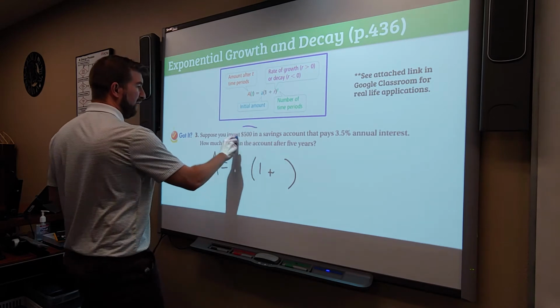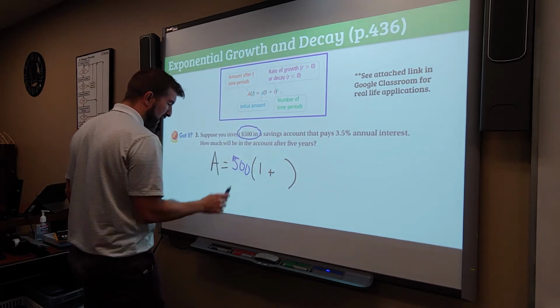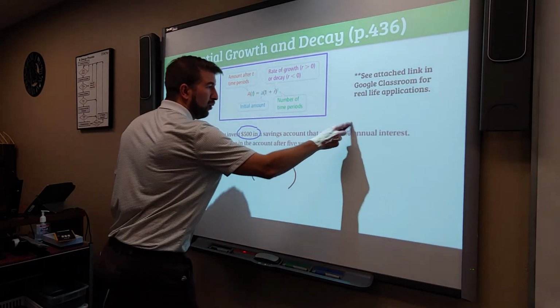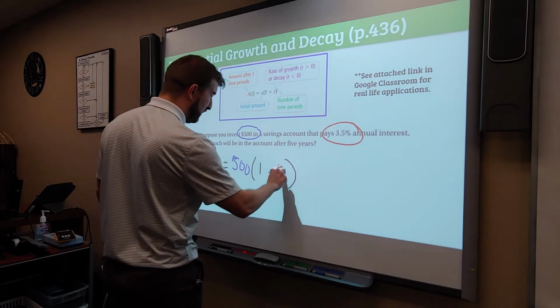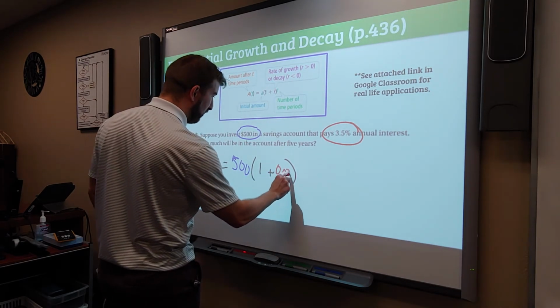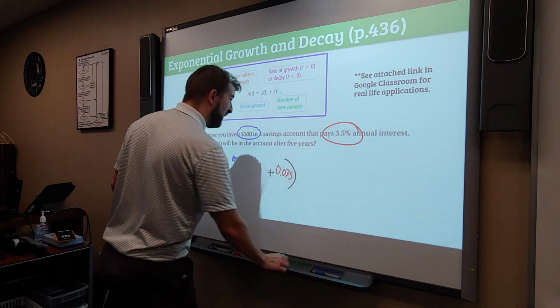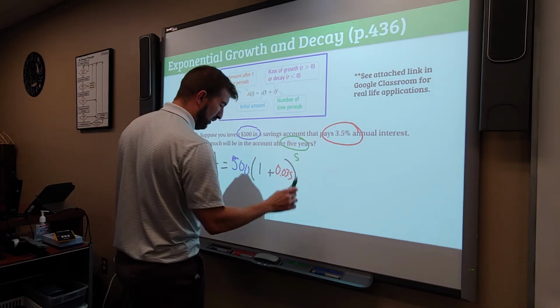So I have an initial amount of 500, so I'm going to put that as 500. And then it's going to grow at a rate of 3.5%. Now in decimal points, that's 0.035. Then the amount of years that I'm keeping that in is 5 years.